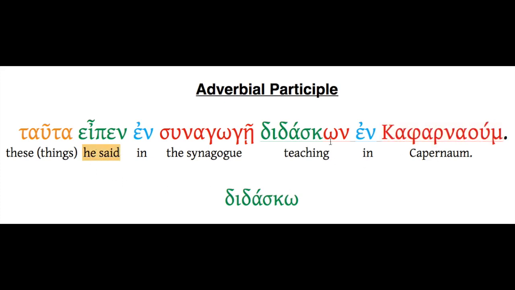He said teaching. So teaching here modifies how he is saying things, okay? All right, well, let's look at this participle here. How do we know it's a participle? Well, we recognize this weird ending, okay? On, which we need to get used to.